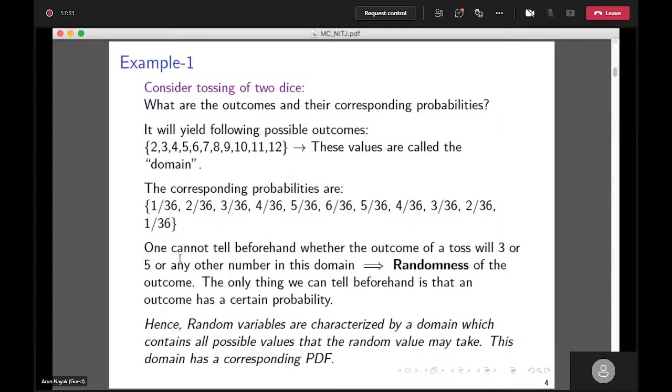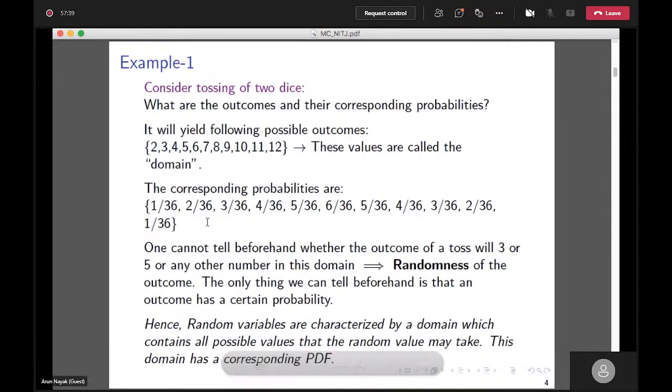You do not know beforehand what you are going to get, but what you know is the probability to get such a number. A certain number will appear with a certain probability. So random variables are characterized by a domain which contains all possible values that the random variable may take, and this domain has a corresponding PDF.